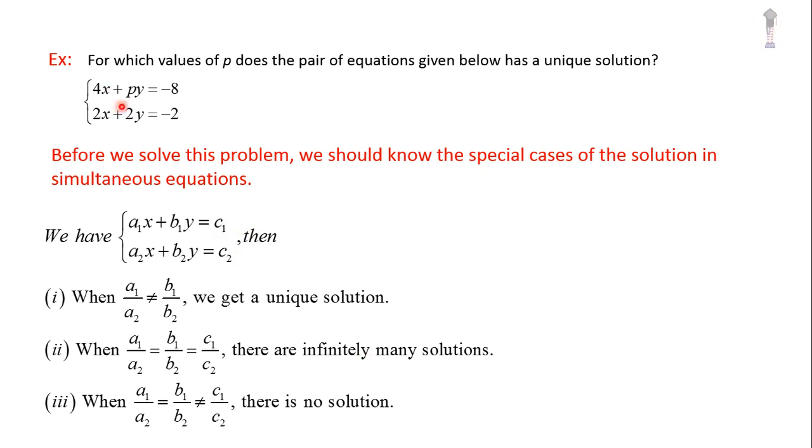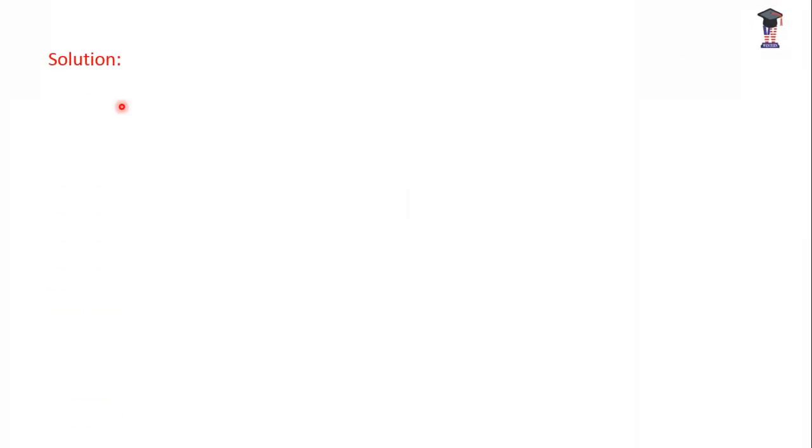What we have here is the equation where we need to determine the value of p. The simultaneous equations are 4x plus py equals minus 8, and the second equation 2x plus 2y equals minus 2. Like what we know, 4 here represents a1, p here represents b1, and minus 8 represents c1, and then this one represents a2, b2, c2.